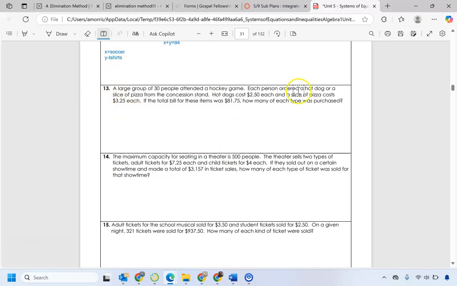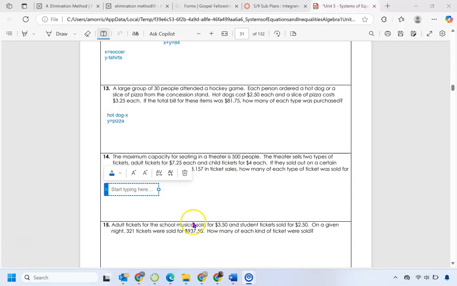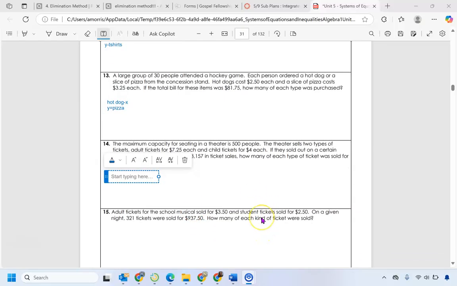We know that each person ordered a hot dog or a slice of pizza, right? So if we were to combine that, we know there were 30 people there. And then how much was the hot dogs? You can let the hot dogs be your X, and then let the Y be the pizza. Okay, I think y'all can handle the rest of these.